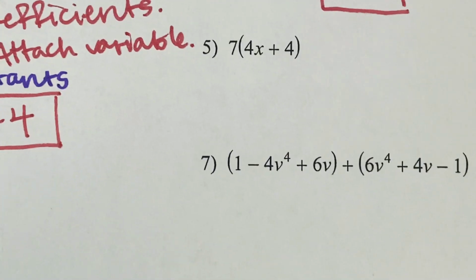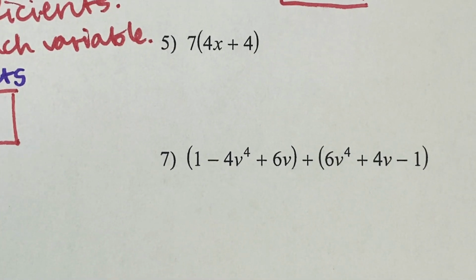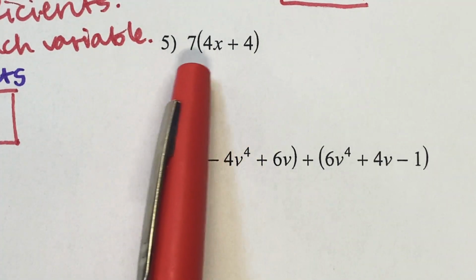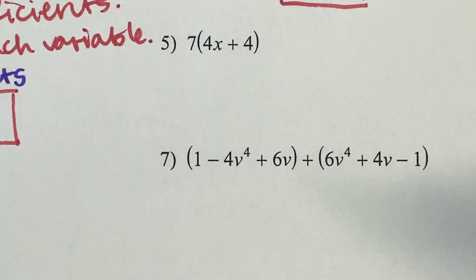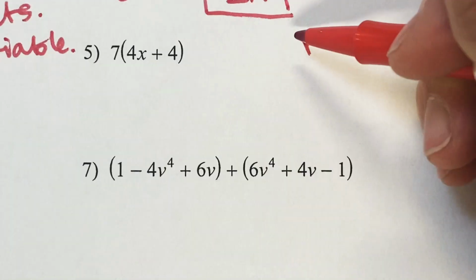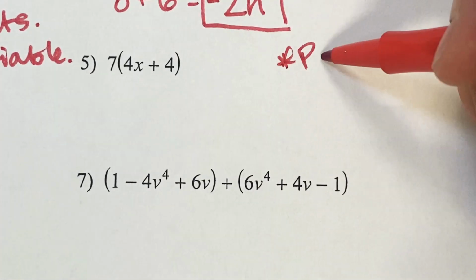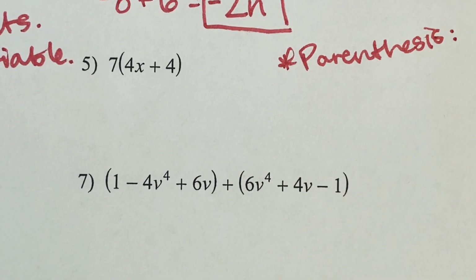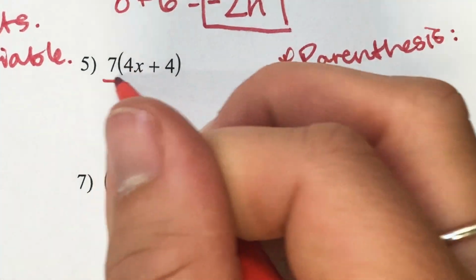Okay, let's look at number 5. So the difference that we see in number 5 that we didn't see in 2, 3, or 4 is that we now have parentheses. Okay, parentheses, so let's make this little note on the side of our paper. Parentheses tell us to what? Okay, what do we have to do with this 7 in front?